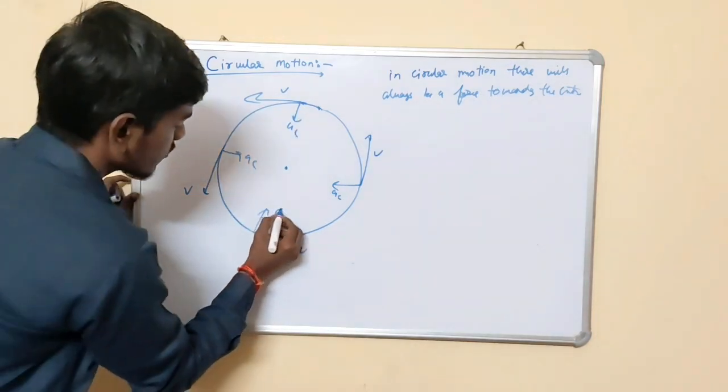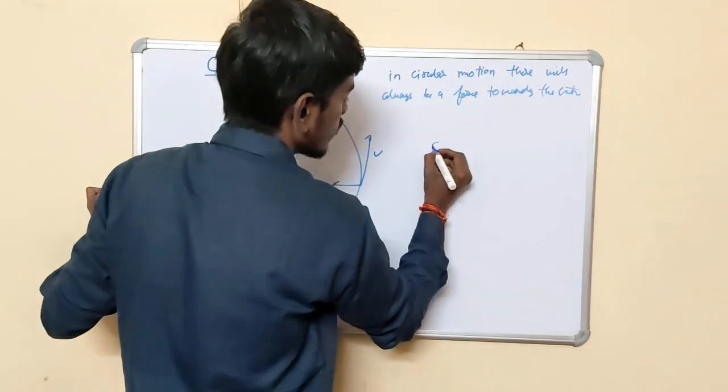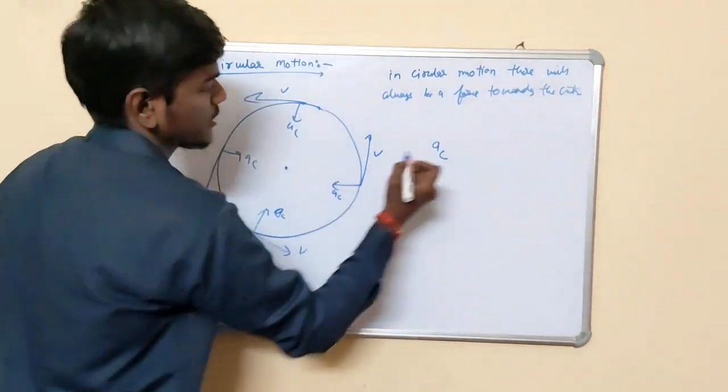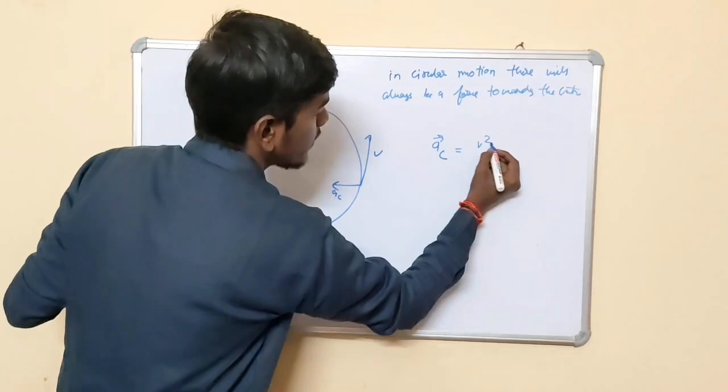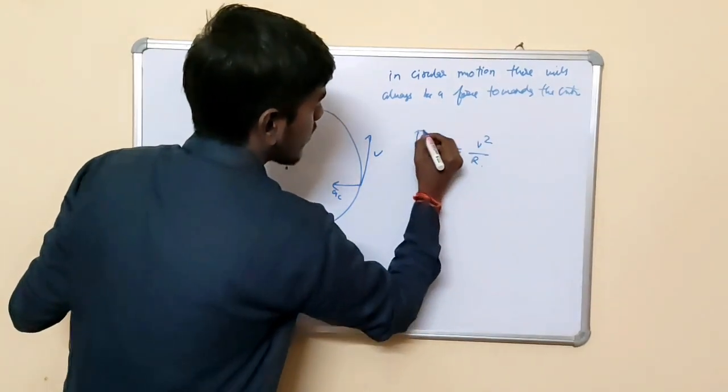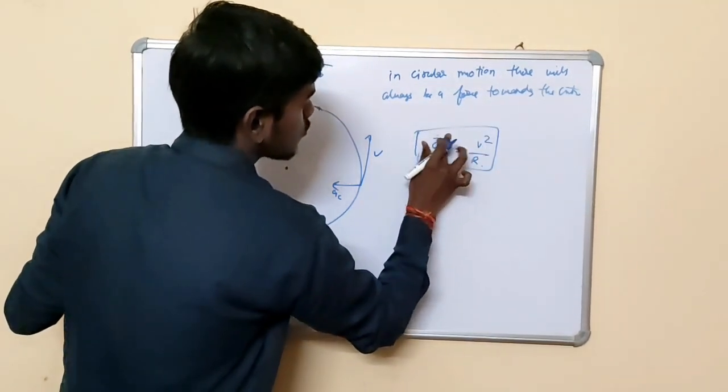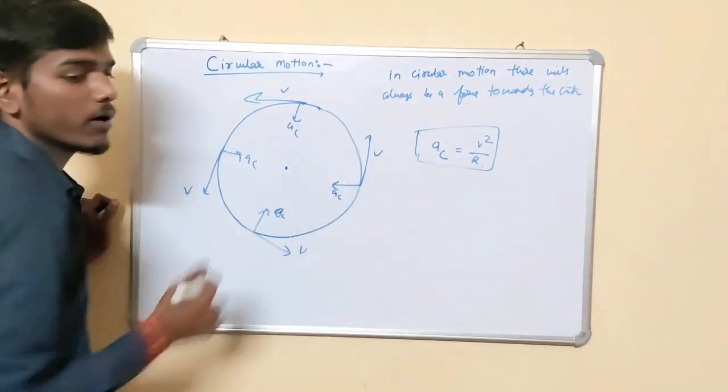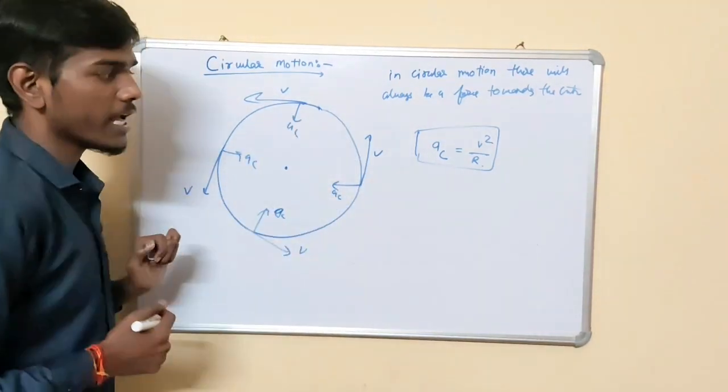What is the formula for centripetal acceleration? AC equals V square by R. This is our formula for centripetal acceleration.